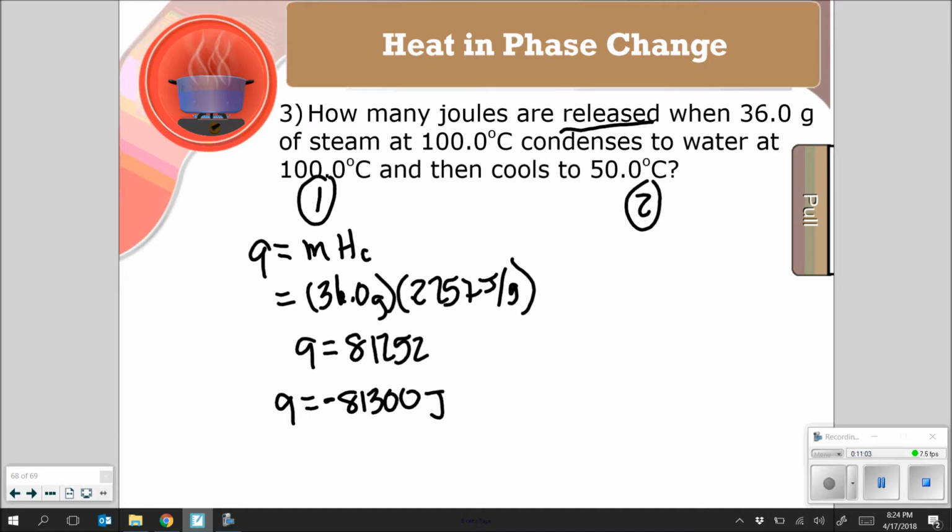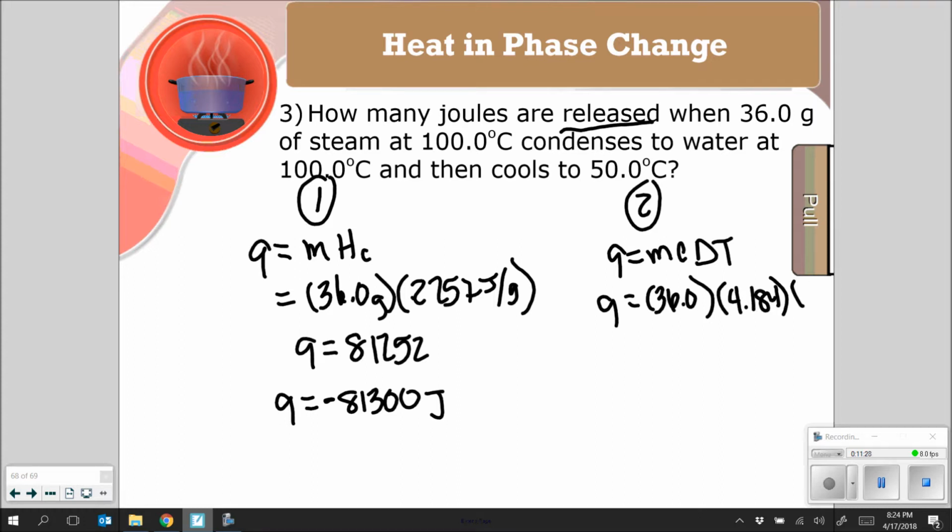Now, the second part of my problem, I'm cooling water from that 100 degrees down to 50 degrees, so this is just a Q equals MC delta T problem. And we do have a temperature change here. So Q in this case is going to be equal to my mass, which is 36 grams. Remember, mass doesn't change. My C value for water is 4.184.